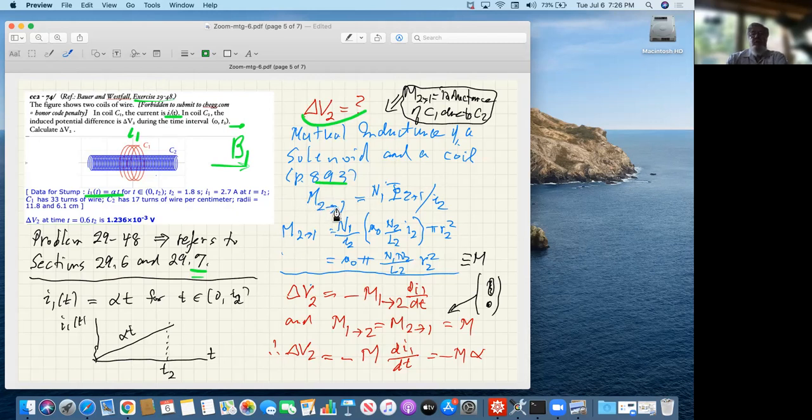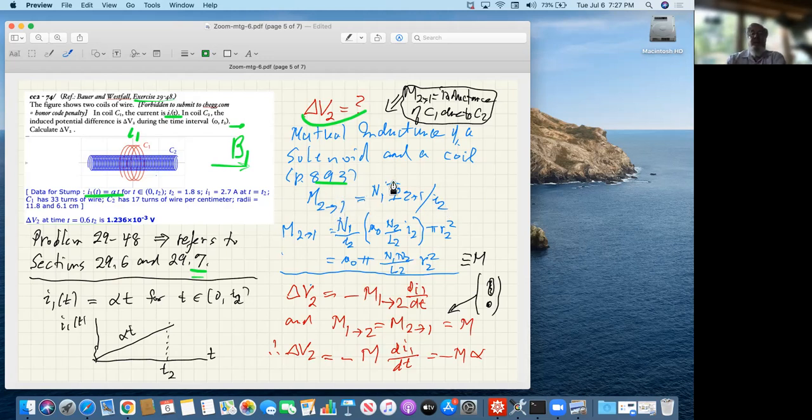That's called M21. So the current goes through 2 and creates flux through 1. And the calculation is N1 phi 2 to 1 over I2. So the current in coil 2 gives a flux through coil number 1. And the definition of mutual inductance is just the ratio between the flux and the current.